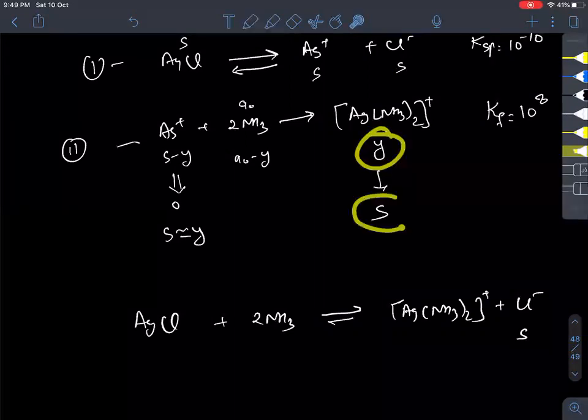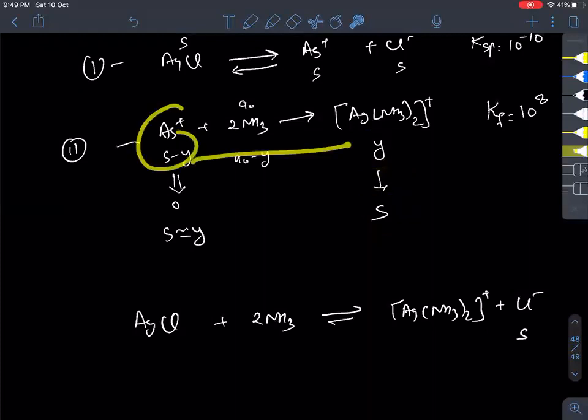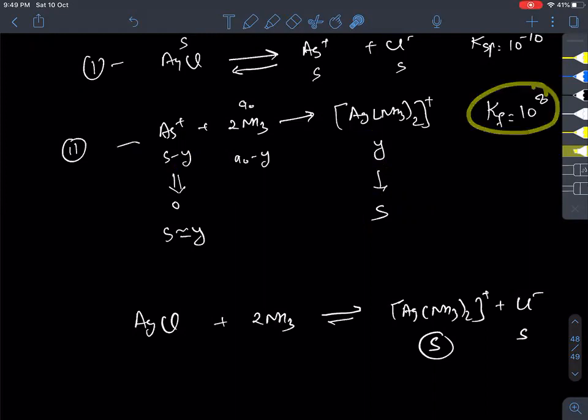It is Y, but which is equal to S, because Ag plus almost converted here. And how did I decide that? I decided by looking at the equilibrium constant being so high that whatever amount of it is there, almost all of it will be converted here. So we have got this S and S. Ammonia will be simply, sorry, here it will be 2Y in fact, not Y. Stoichiometry. So 2Y means basically A naught minus 2S.